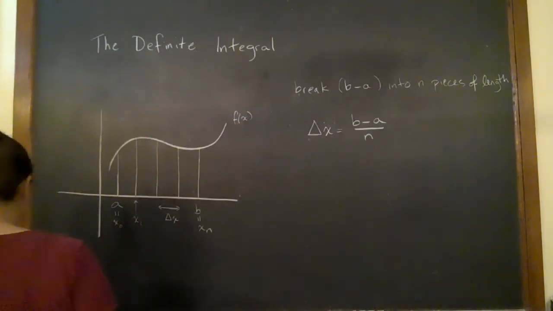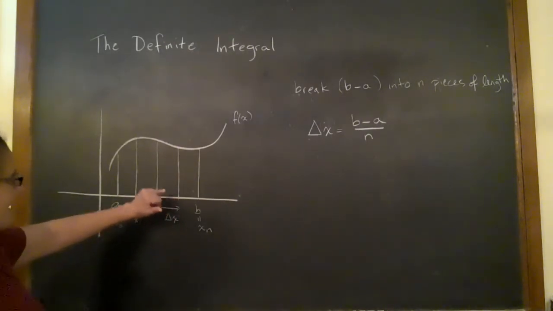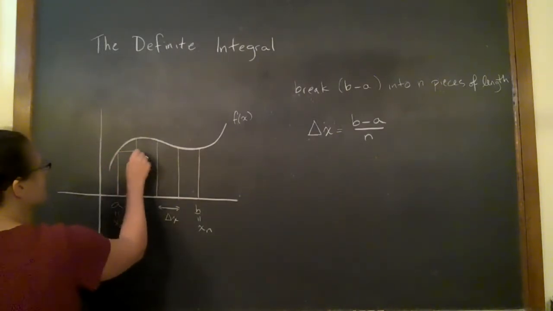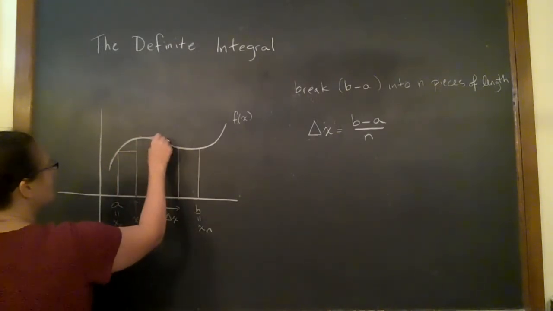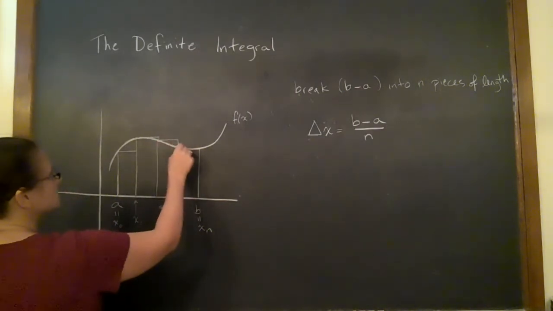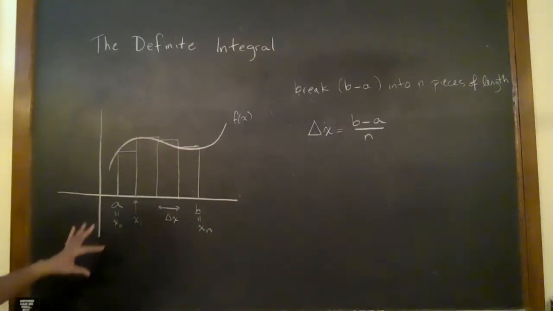So now I know the width of my supposed rectangles and the height. In this case, I've chosen the left endpoint, so I just take it out to the left. What is this going to look like?